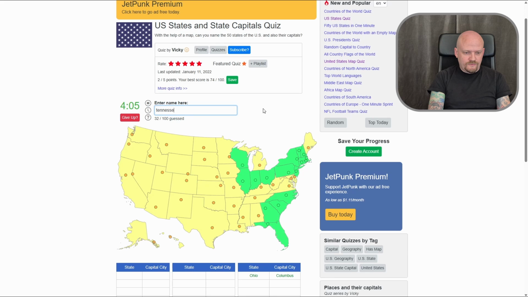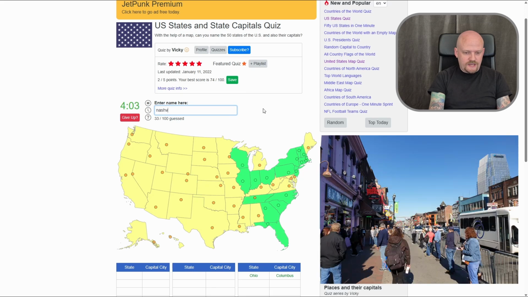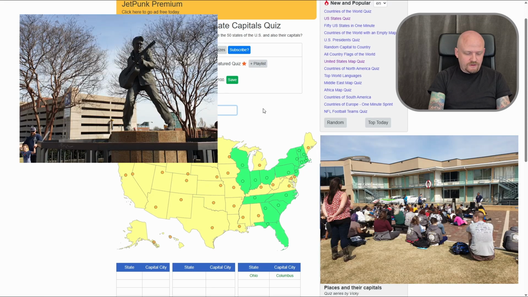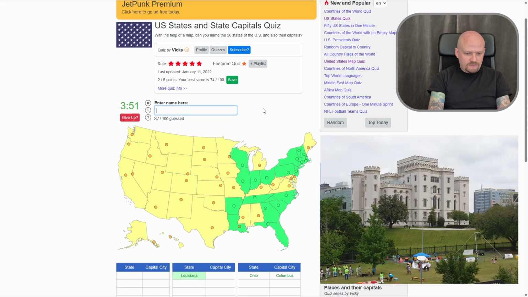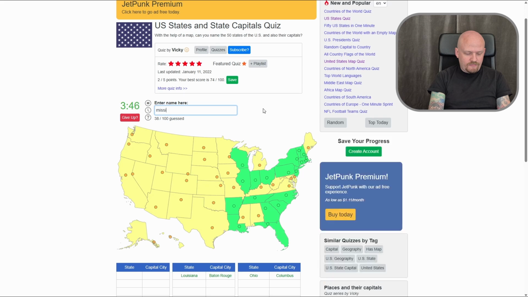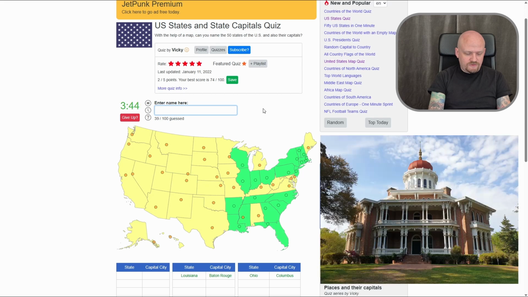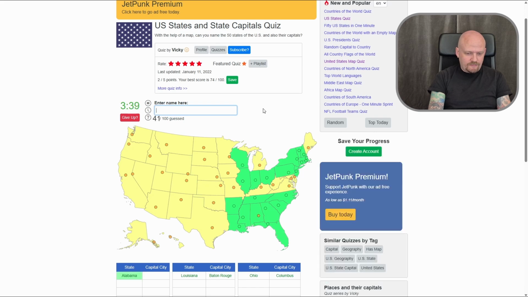Went to Tennessee and Nashville, continued through Memphis, and then out through Arkansas and Little Rock, where I had the biggest burger I've ever had in my life. Louisiana was next, and Baton Rouge, and then back through Mississippi, which has Jackson as capital, and then Alabama, which has Montgomery as capital. Back to Florida, took a cruise.